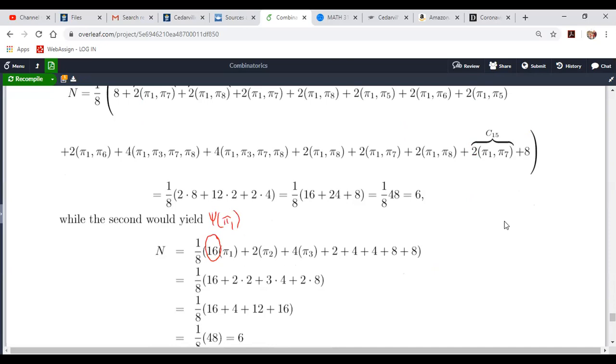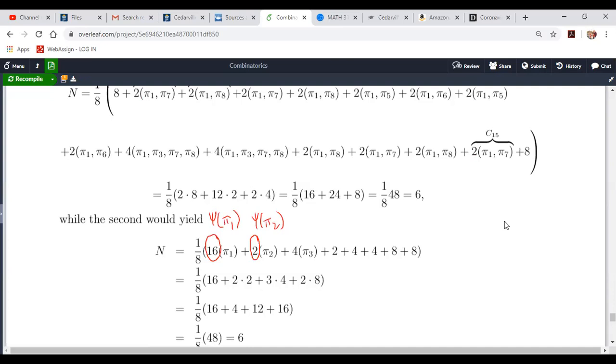Where is this 2 coming from? Well, I look at pi 2, which is the 90-degree rotation. How many colorings are fixed by a 90-degree rotation? Well, the all white one and the all black one. That's it. So this is psi of pi 2. 4 is psi of pi 3, 2 is psi of pi 4.